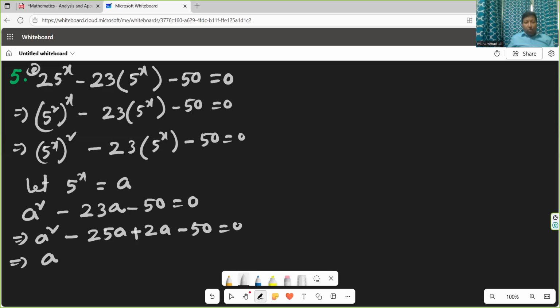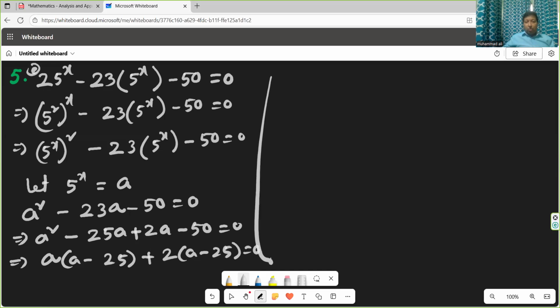If you take a common, it will be a minus 25. If you take 2 common, it will be a minus 25. So after that, (a minus 25)(a plus 2) equals 0.